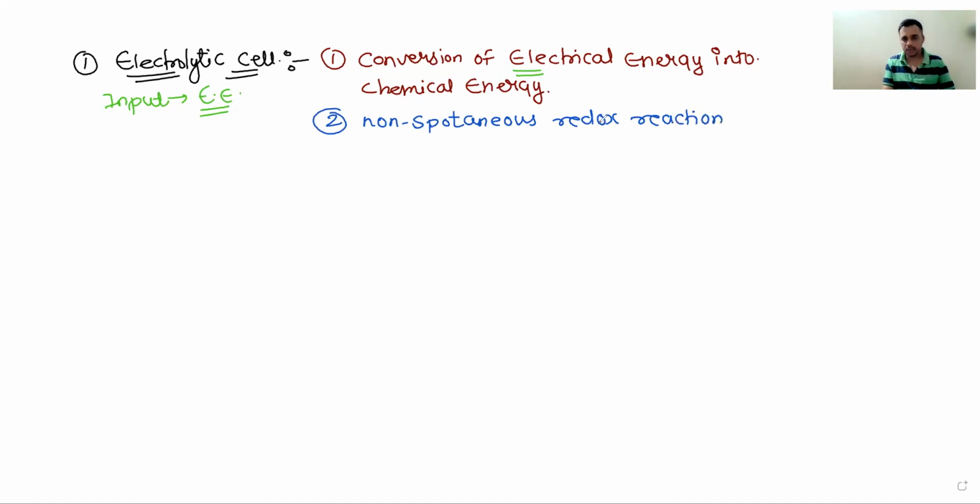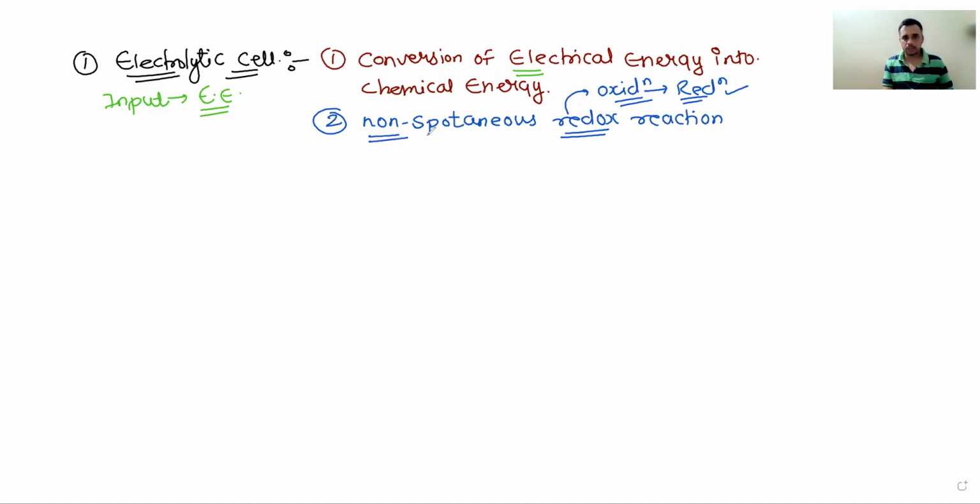Redox means we have just studied it. I have just cleared the basic terminology related to redox: oxidation takes place, and after oxidation there will be a reduction, or vice versa. Both processes, oxidation and reduction, take place. We are familiar with oxidation, which is loss of electrons, and reduction, which means gain of electrons.